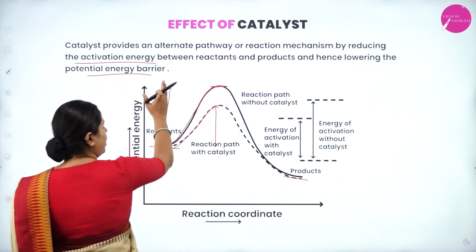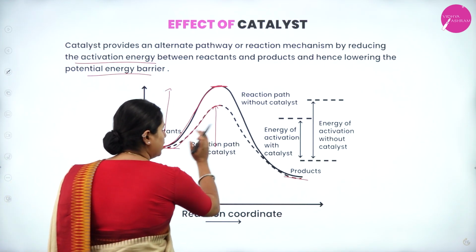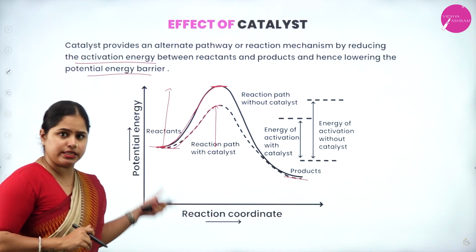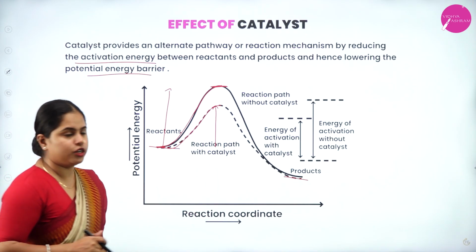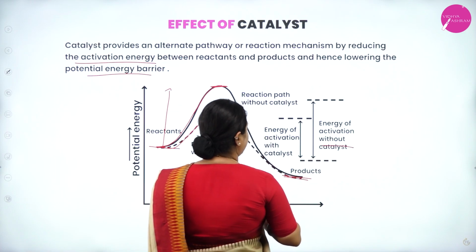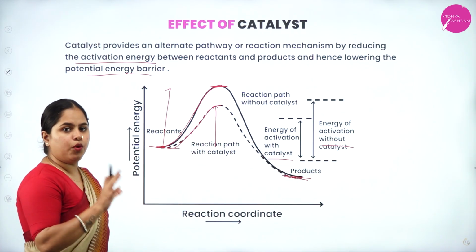So when the activation energy is less, the reactants can easily undergo collision and form the products. This is the activation energy without the catalyst, and here it is with the catalyst. So that is the importance of the catalyst.